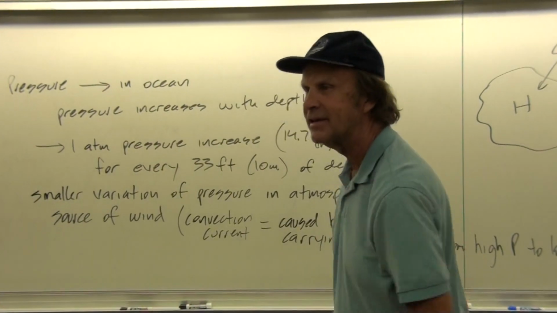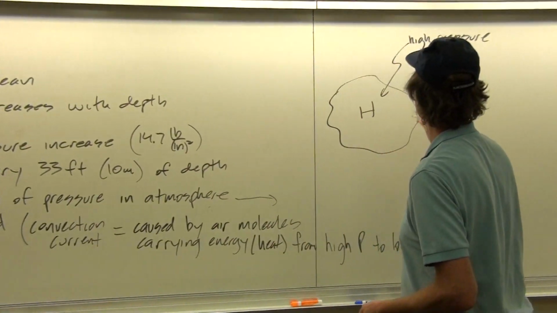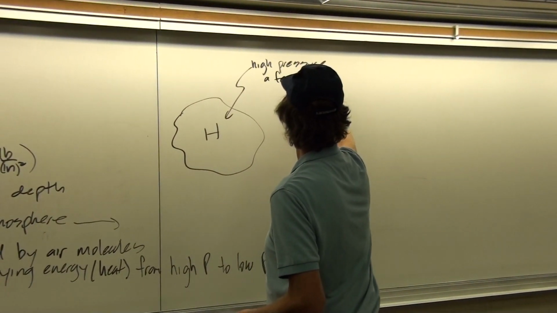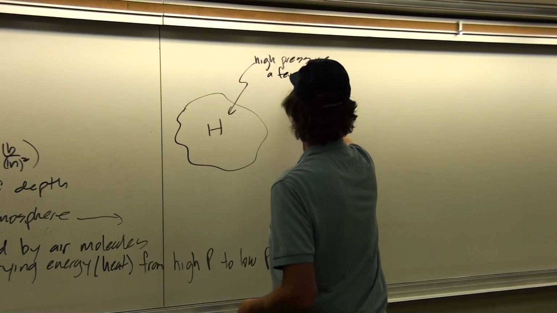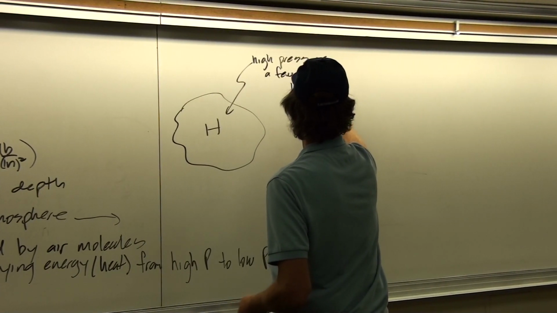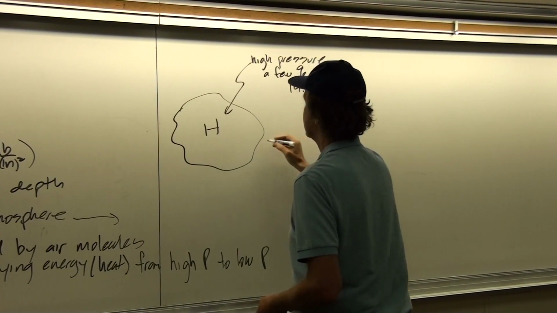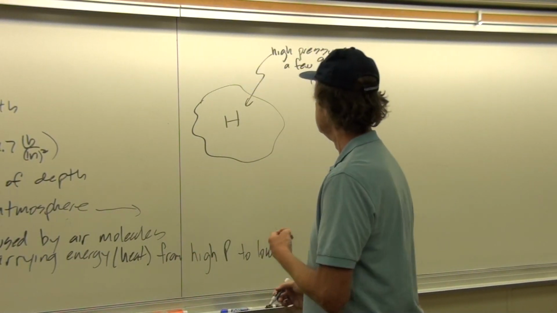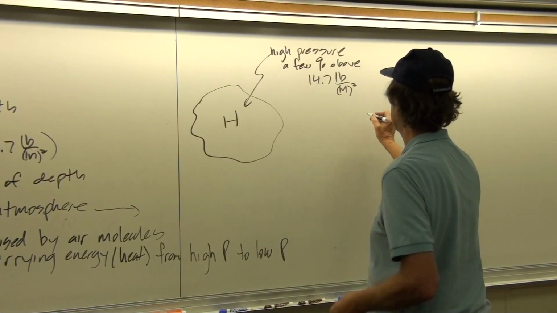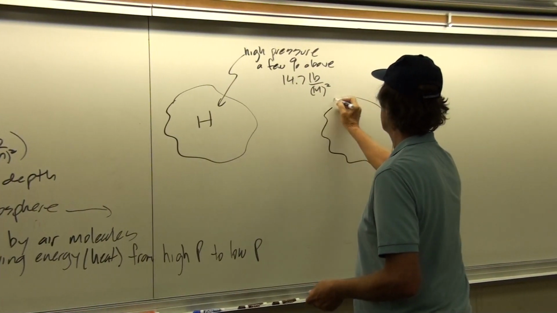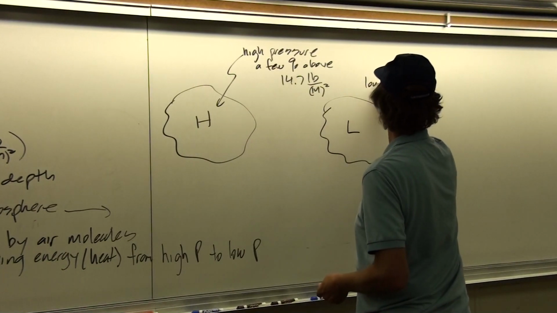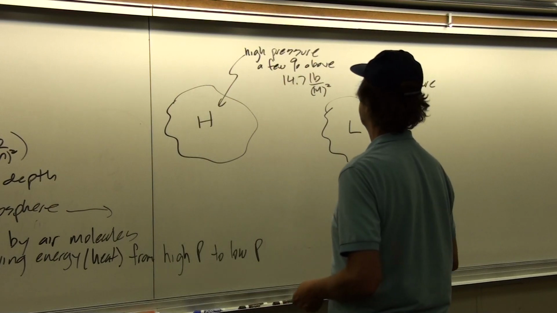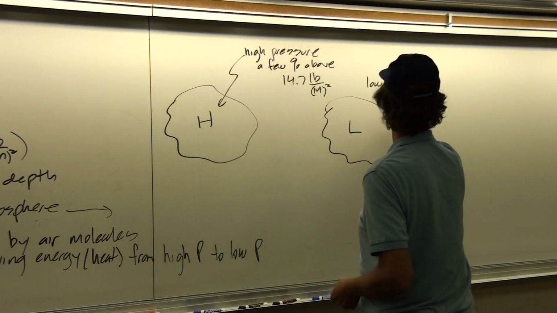What I'm talking about instead is just a few percent above 14.7, which is our normal atmospheric pressure at the surface of the Earth. So this is the case then, and over here we have low pressure, which would be, say, a few percent below 14.7.